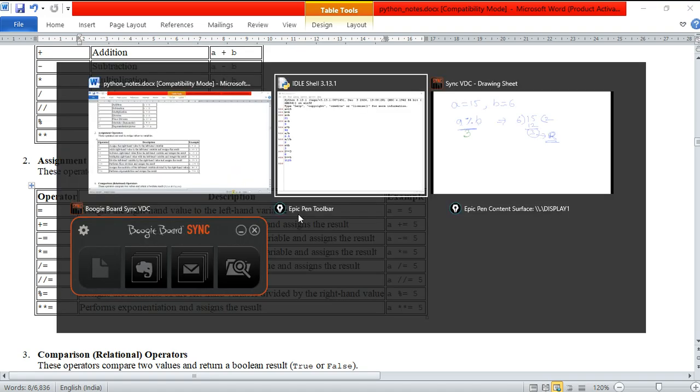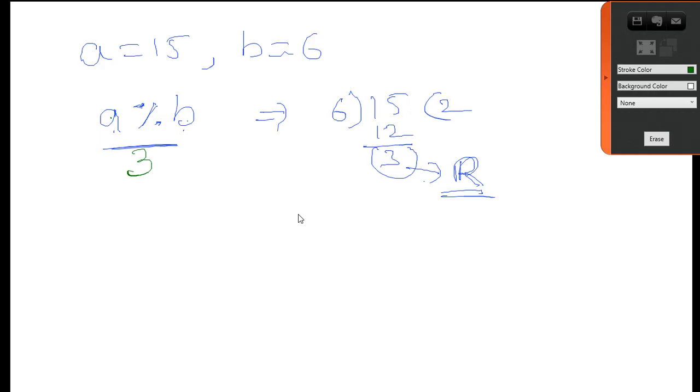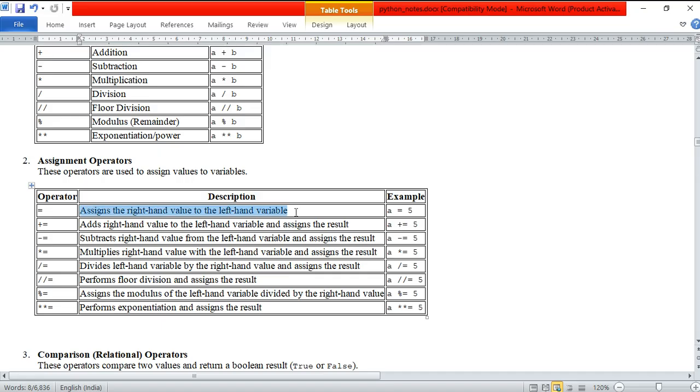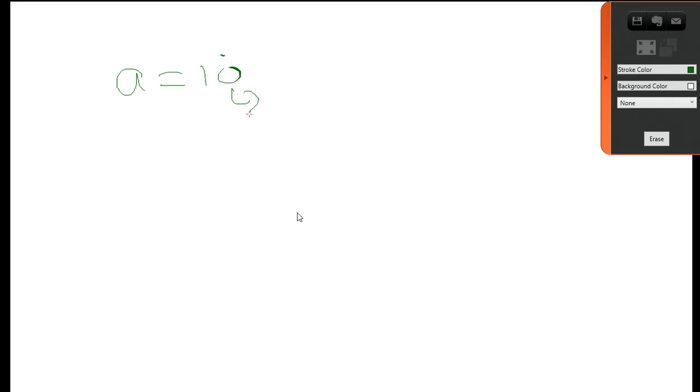Let me show you the example here. Suppose you write a is equal to 10. This assigns the right hand side value to the left hand variable. So the 10 is assigned to a.